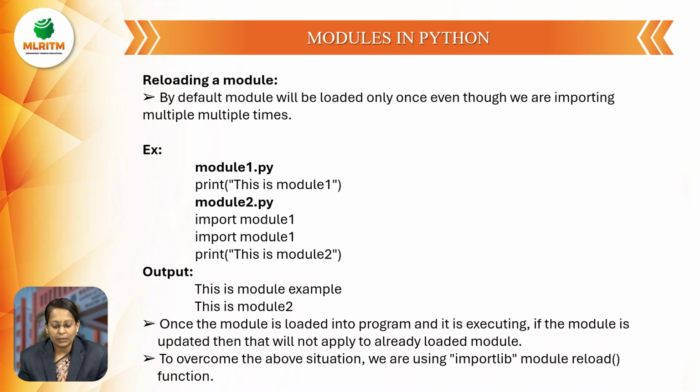Then, reloading a module. By default, a module will be loaded only once, even though we are importing it multiple times. Example, module1.py has only one line of code: print this is module1. In module2.py, I am importing module1, import module1 and again import module1.